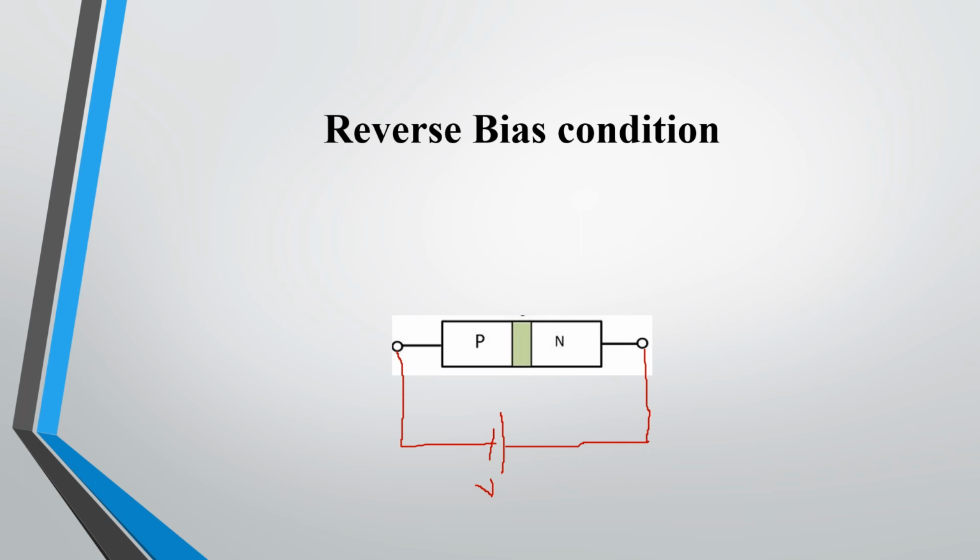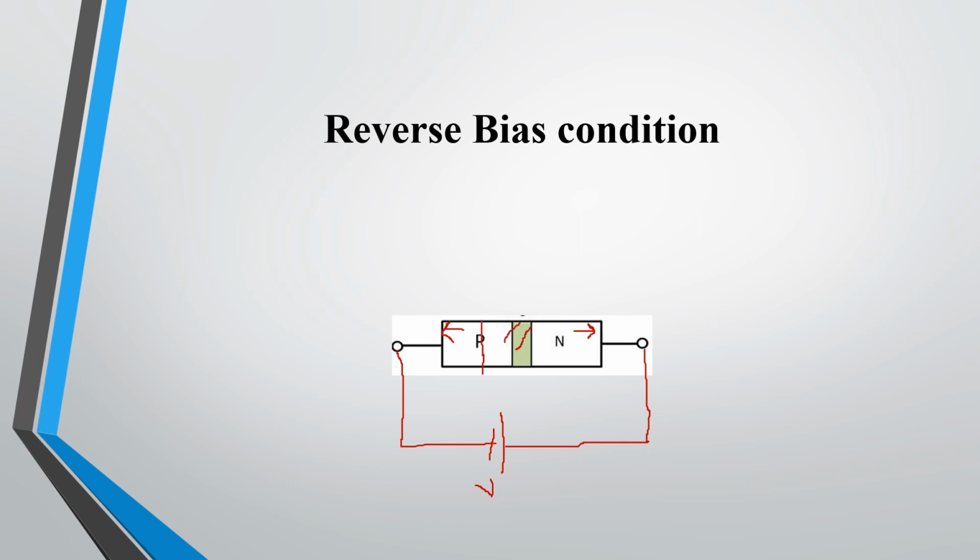So when the negative terminal is connected to the p side, the holes present in the p side will be attracted towards the negative terminal, whereas the electrons, the majority carriers on the n side, will move towards the positive terminal of the battery, as a result of which the depletion region will be widened.